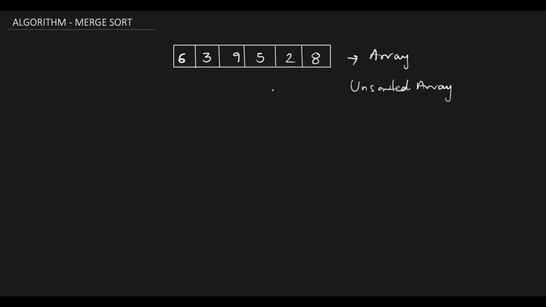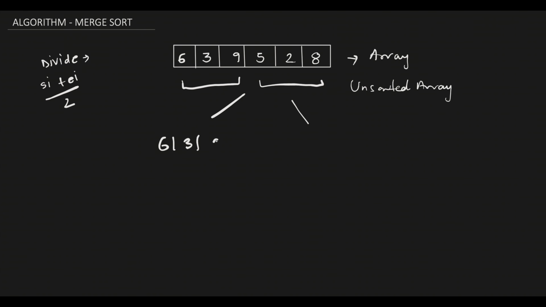So this array will be divided. To divide the array, the formula we use is starting index plus ending index divided by 2, and we pick the center. So I have two parts here, and I will be dividing this into two parts, 6, 3, 9 and the rest.